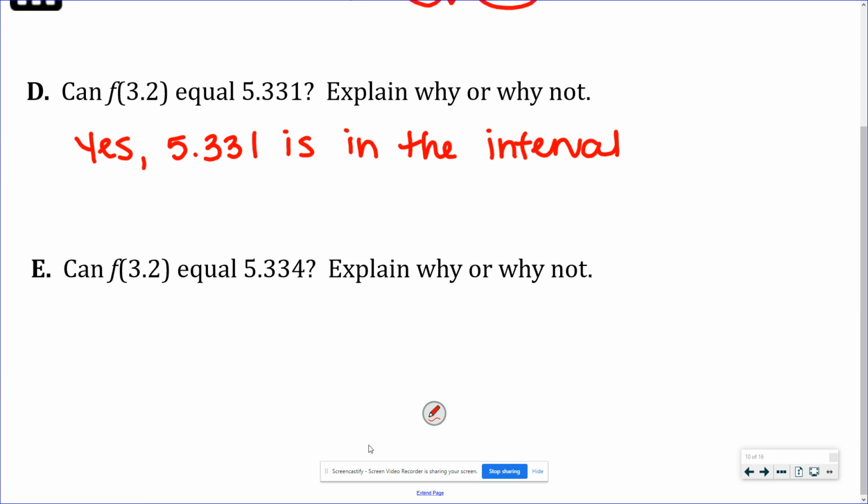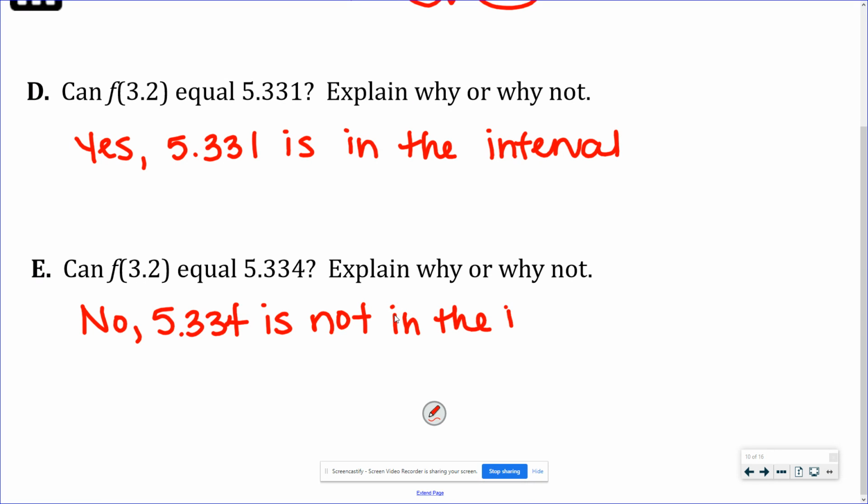Okay, what about 5.334? That's a no. 5.334 is larger than the biggest number in the interval, so we would just say something like 5.334 is not in the interval.